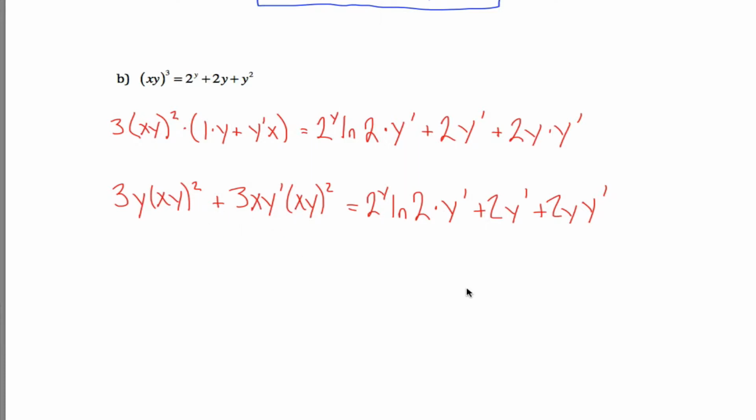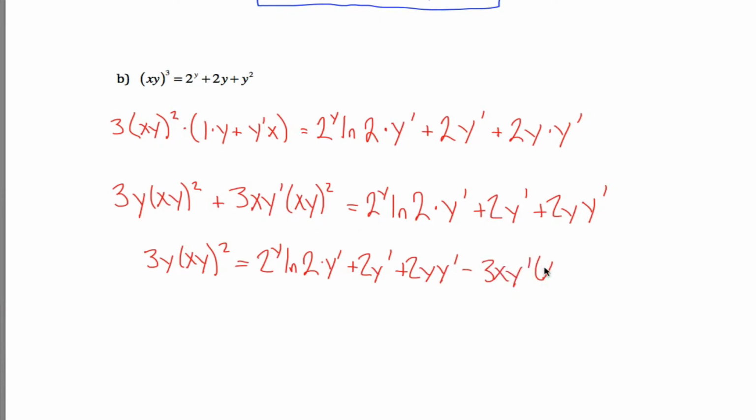So I'm going to take this one and subtract it over to this side to get 3y xy squared is equal to 2 to the y natural log of 2 times y prime plus 2y prime plus 2y y prime minus this term, 3x y prime xy squared.